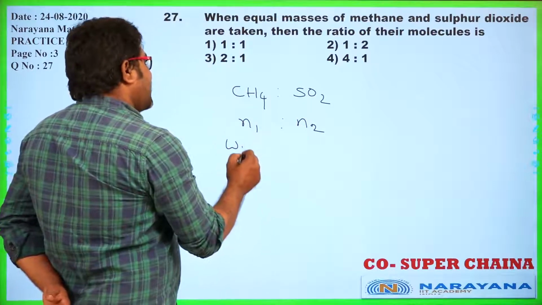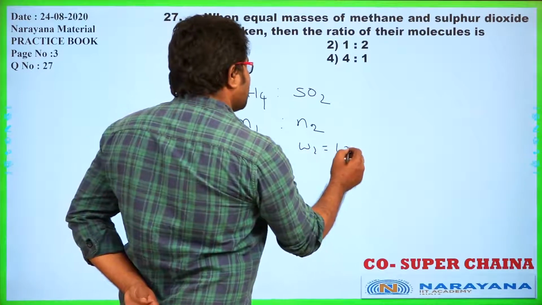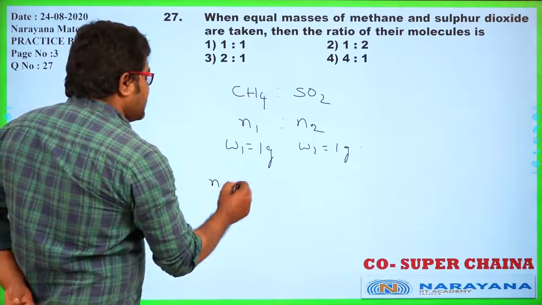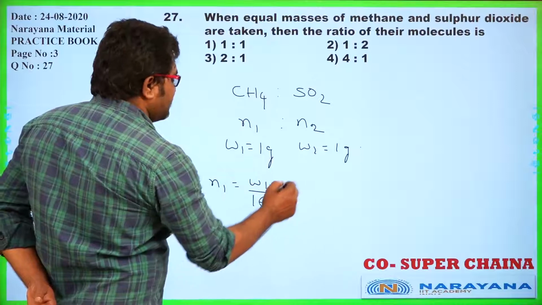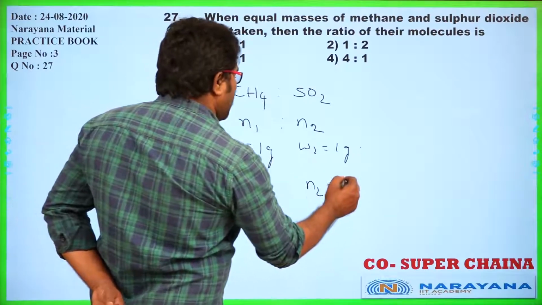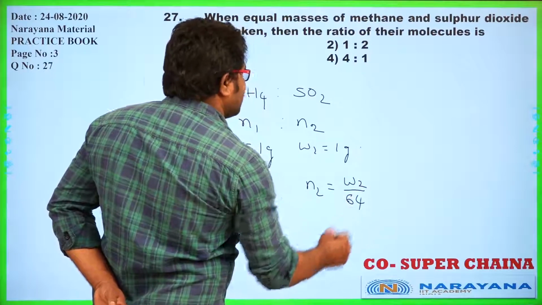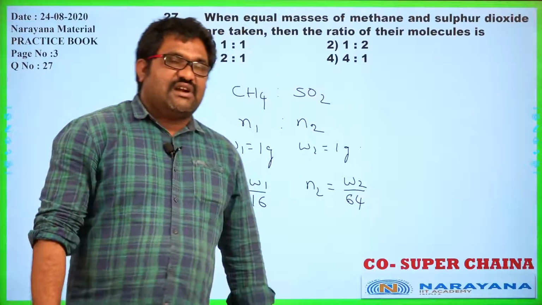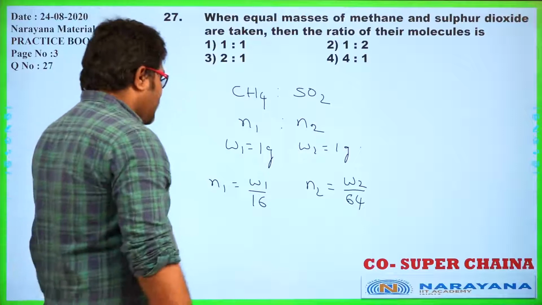So he has taken equal weights, that is 1 gram and 1 gram. Same weight, W. Now N1 is equal to W1 by molecular weight 16 and N2 is equal to W2 by molecular weight, how much is it? 64 for sulfur dioxide, because sulfur's atomic weight is 32 and oxygen 16 plus 16. Is it clear?